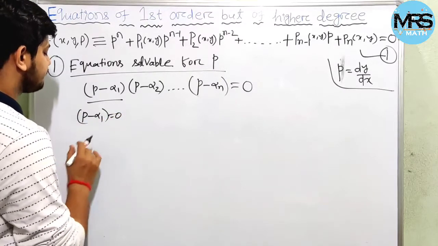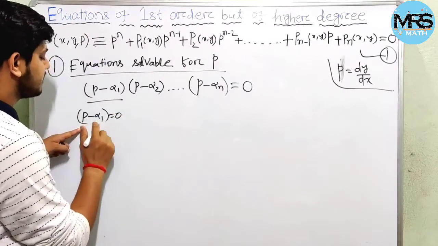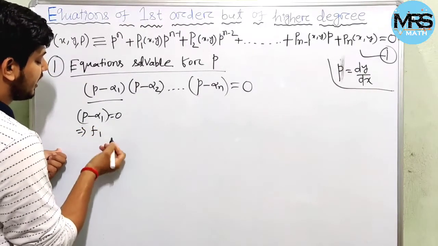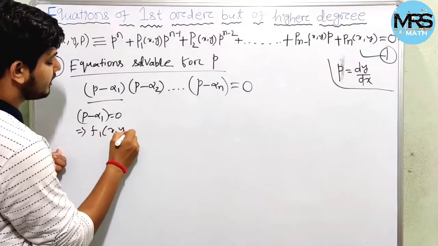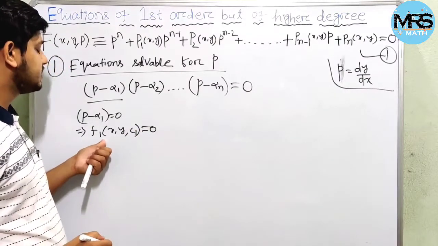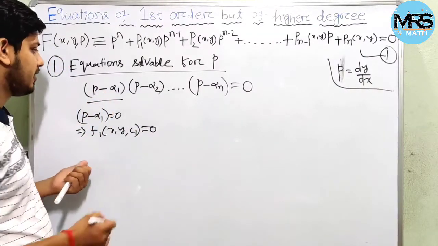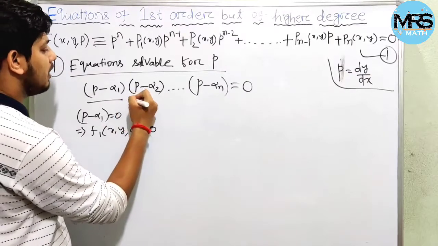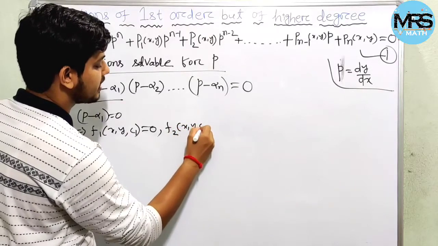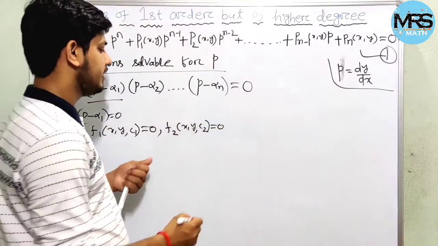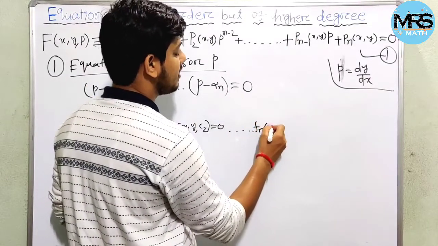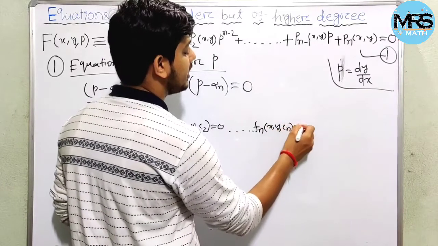If we solve p minus alpha 1, we get the solution in the form f1 of x comma y comma c1 equal to 0. Similarly, solving p minus alpha 2 gives f2 of x comma y comma c2 equal to 0, and solving p minus alpha n gives fn of x comma y comma cn equal to 0.